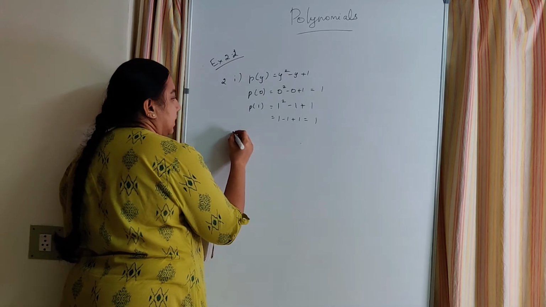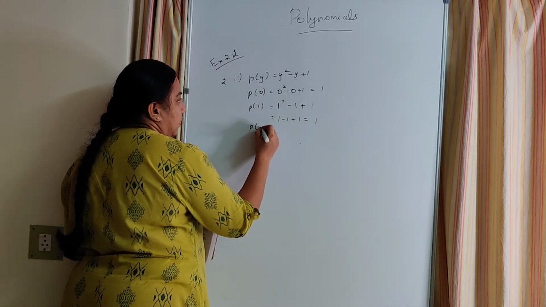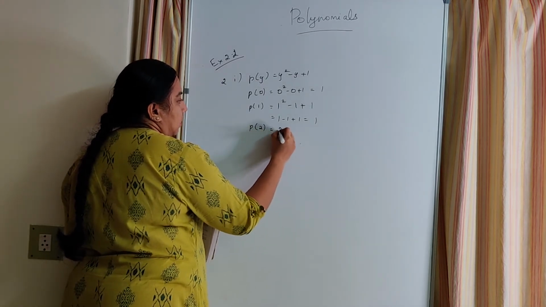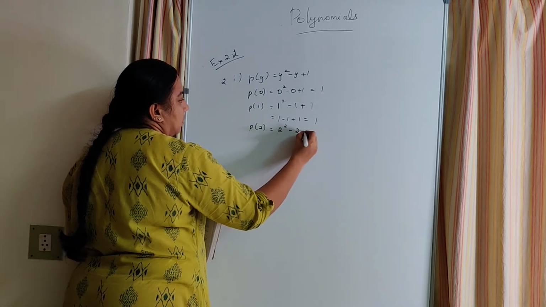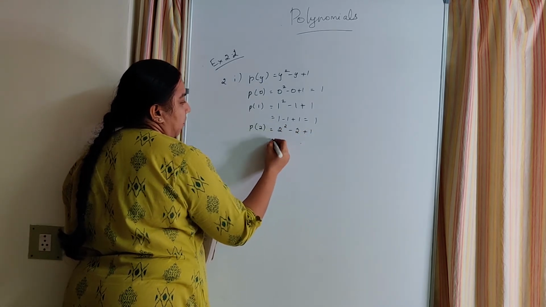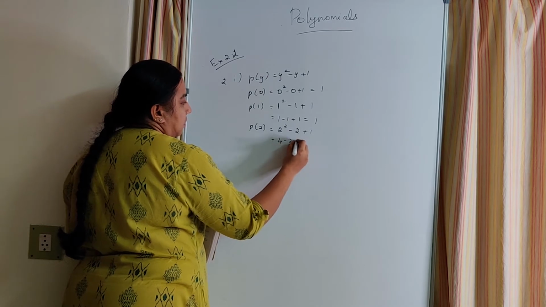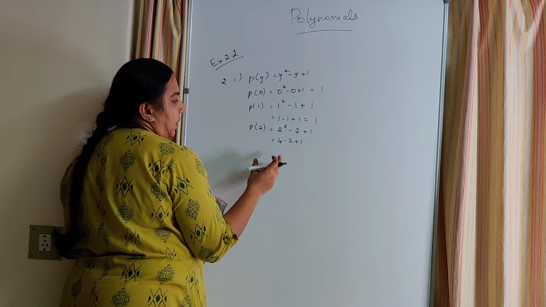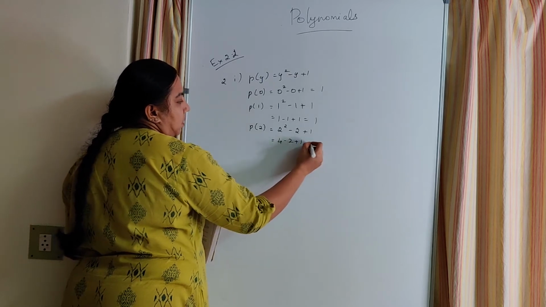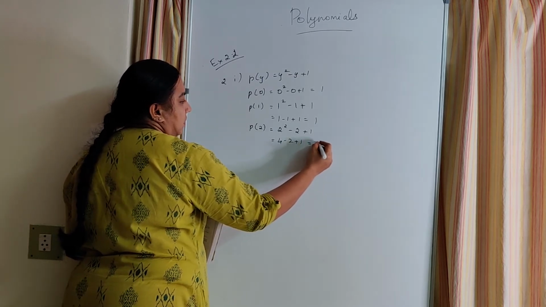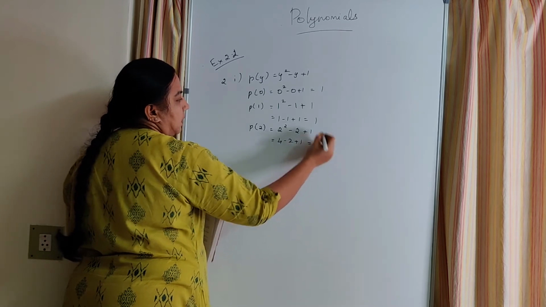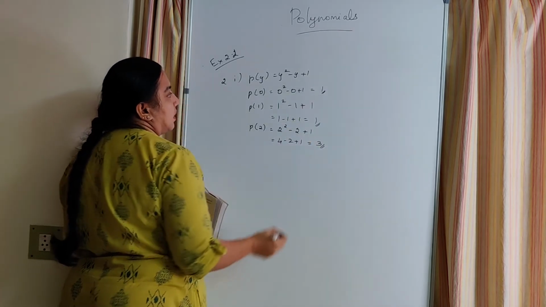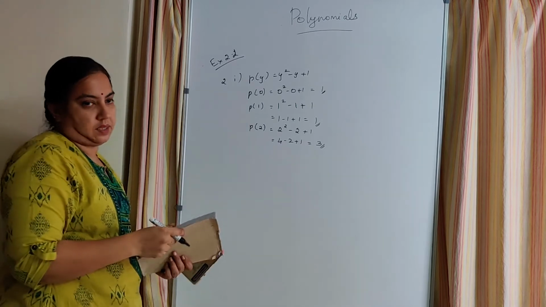Then the P of 2. 2 square minus 2 plus 1. 2 2s are 4 minus 2 plus 1. These both are plus numbers, 4 and 1, so they add up as 5. 5 minus 2 is equal to 3. With this, these are the values of the first sum.